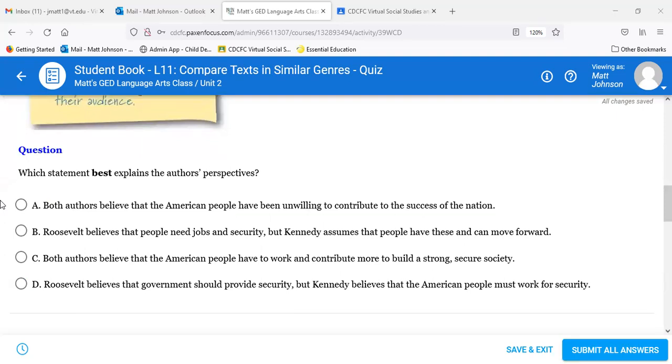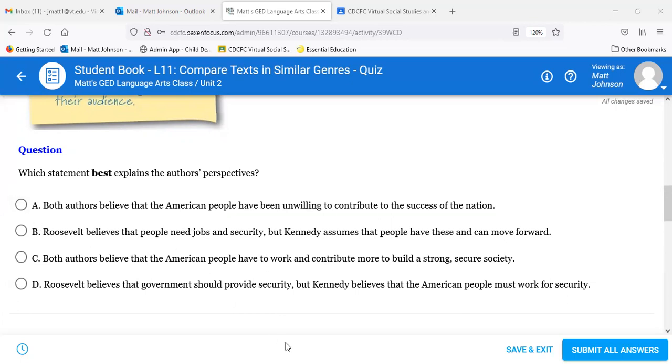C. Both authors believe that American people had to work and contribute more to build a strong secure society. D. Roosevelt believes that government should provide security, but Kennedy believed that the American people must work for security.